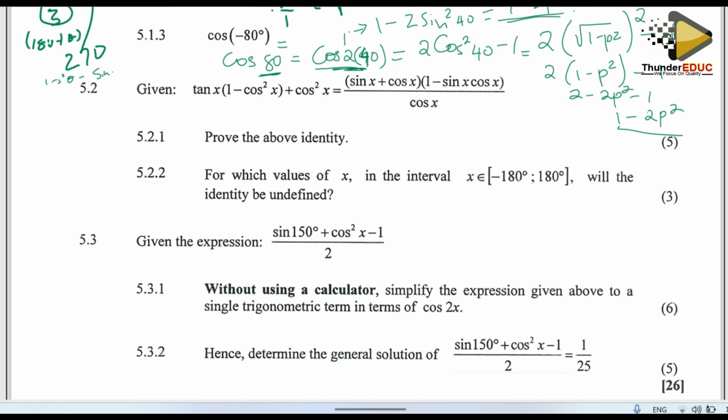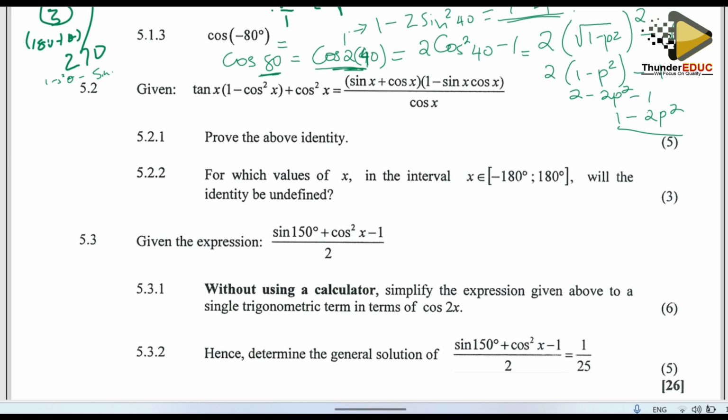Okay, then question 5.2. They're telling us that tan x into 1 minus cos squared plus cos squared x is equal to this, which is the right hand side. And then they want us to prove the identity.